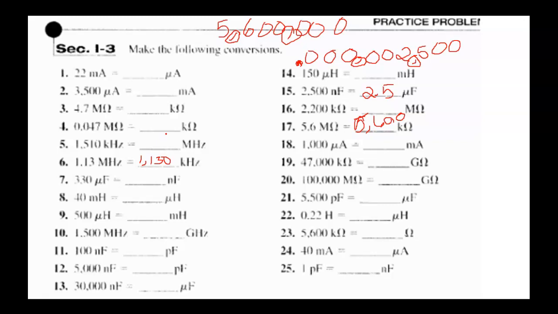Number 18. So you're starting off at 1,000 micro. My one will be here or here. It will be here. Right? Yep. It's my decimal, right? Good. And now I'm going to go from this to this, right?